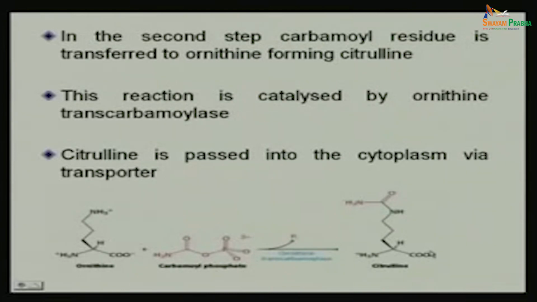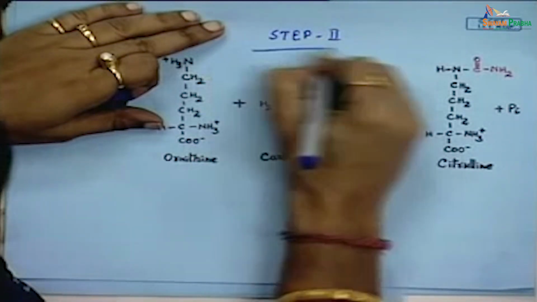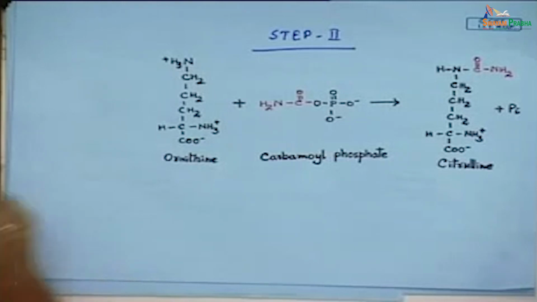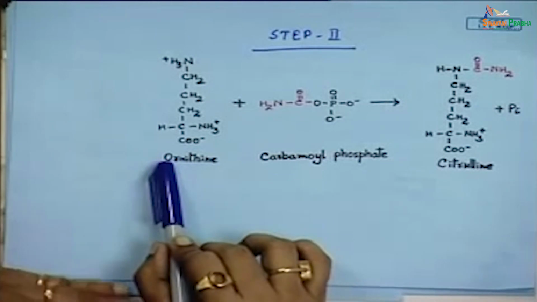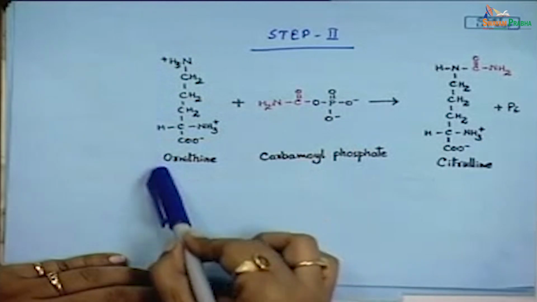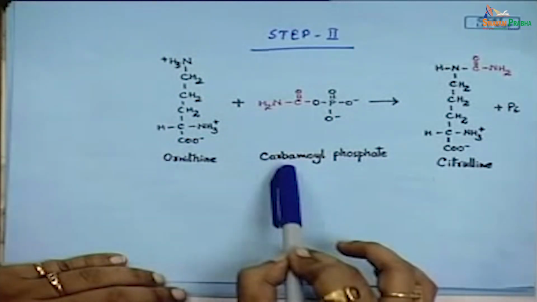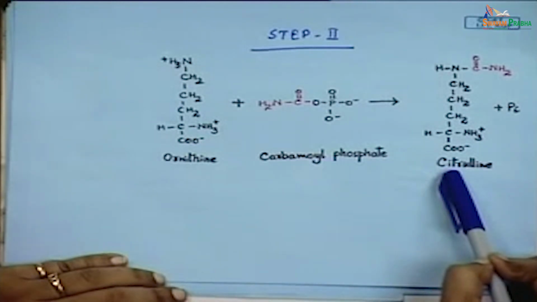Now, when this carbamoyl phosphate production is over, then this is the second step. In this step 2, what is happening? This carbamoyl phosphate is reacting with the ornithine. See, this is the ornithine which is there in mitochondria, is coming in contact with this carbamoyl phosphate, and it is producing the citrulline.